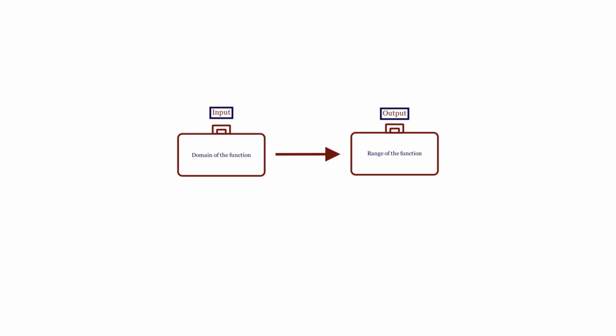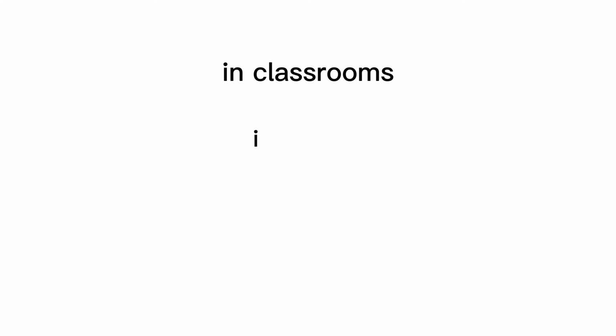Now, let's quickly relate all of this to regular write-ups that you see in math texts and in your classroom. In classrooms, the input, because it is an unknown number, is always referred to as x. The output is always referred to as f of x, and it is written like this. This is how a simple function looks.